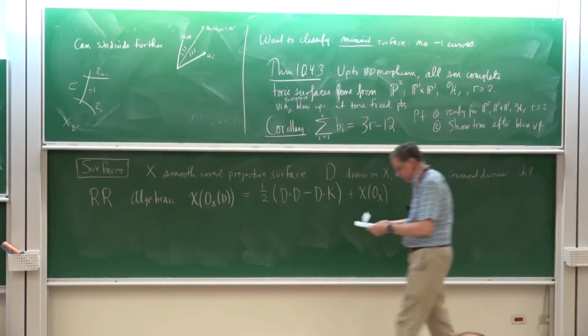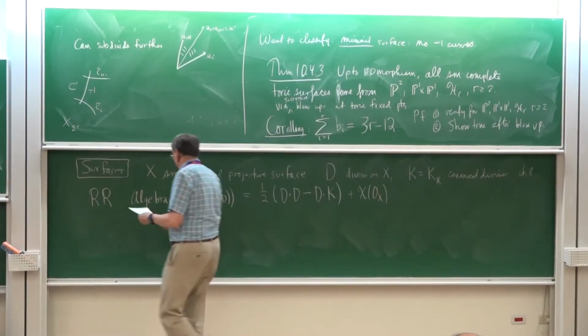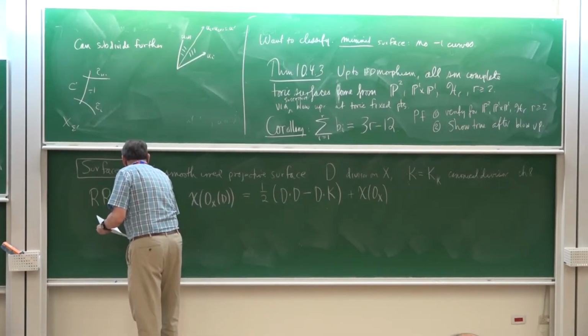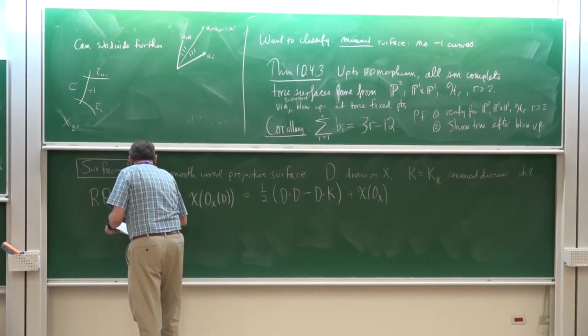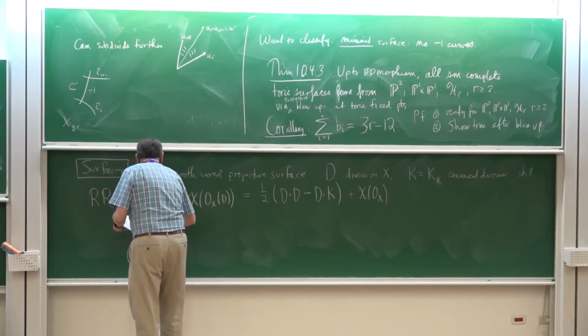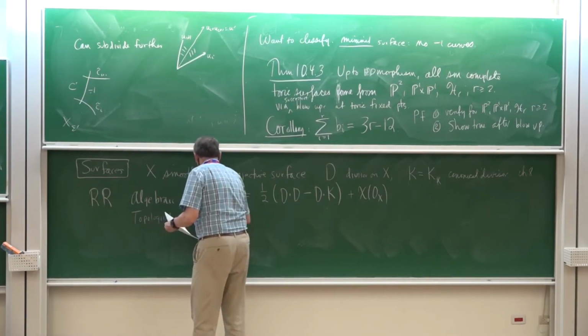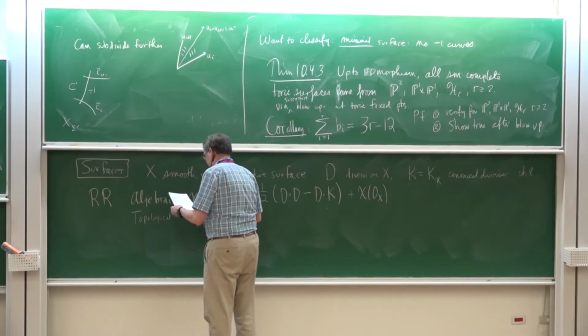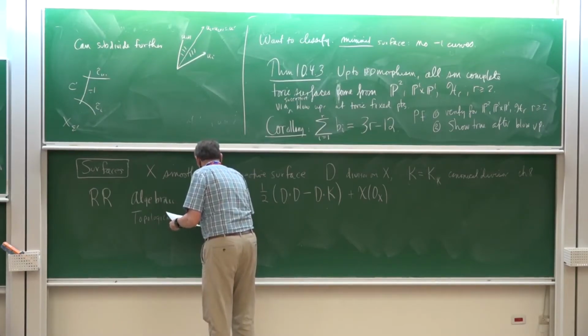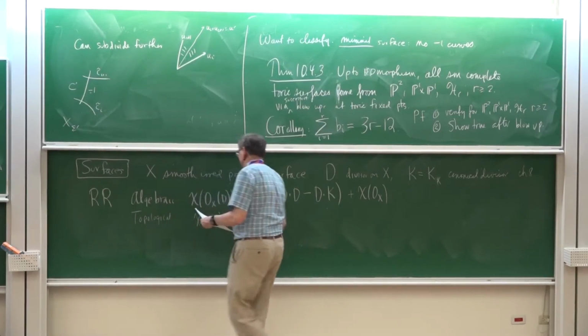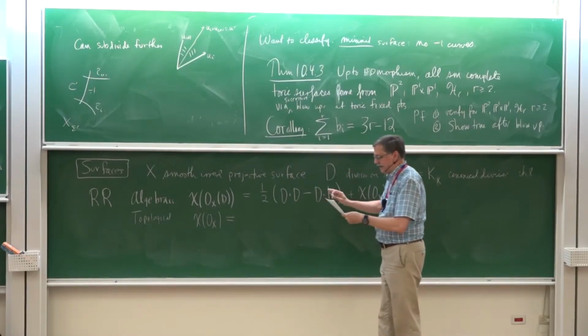That's nice. But then, of course, there's a topological part, which tells you how to compute this in terms of the topology. And it's not purely topological; you'll see that it's got a mix in this case.